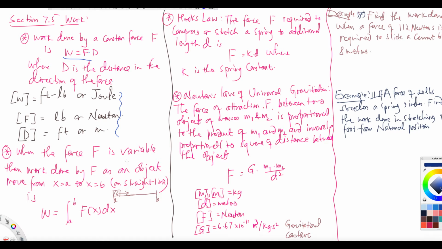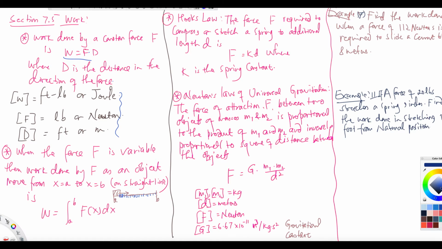When a force F is a variable force, the work done by F as an object moves from x equals a to x equals b on a straight line is, you see that? How do you find that? Basically you divide that distance into many sub-distances and then find the force at each piece, like a constant force at each piece.